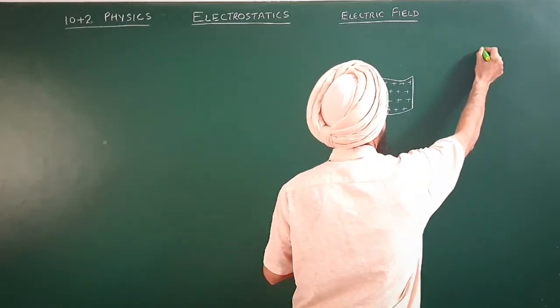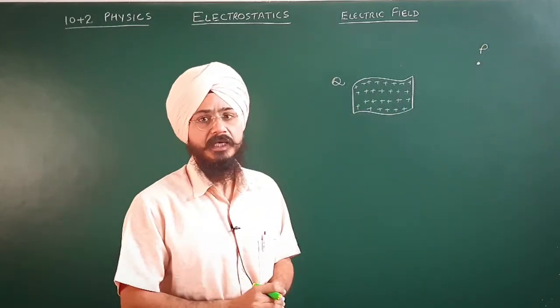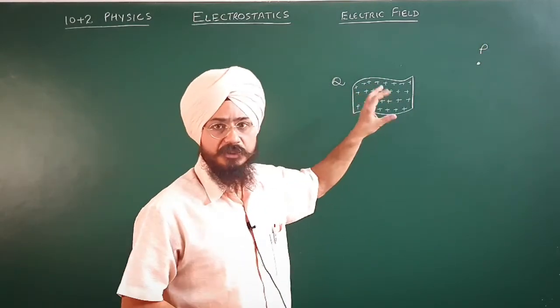So here is the point P where we want to calculate the electric field due to this sheet of charge.